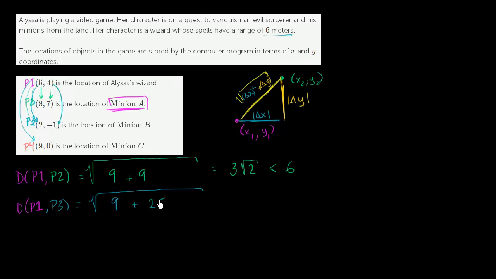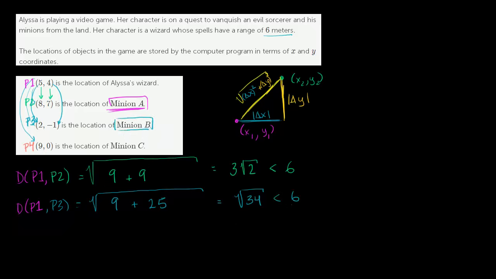So 9 plus 25, which is equal to the square root of 34. Now, is this greater than or equal to 6? Well, the square root of 36 is 6. So this is a square root of a lower number. So this is going to be less than 6 as well. So minion B is also in reach.